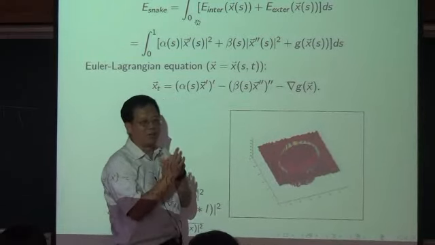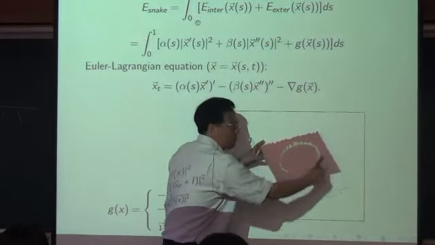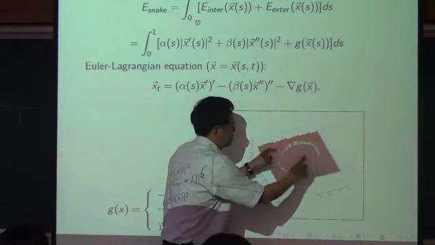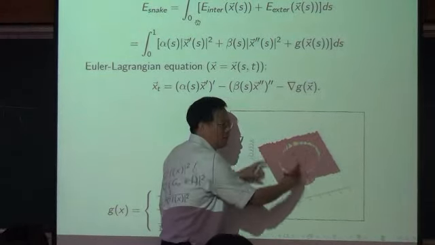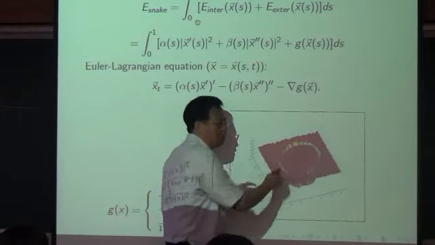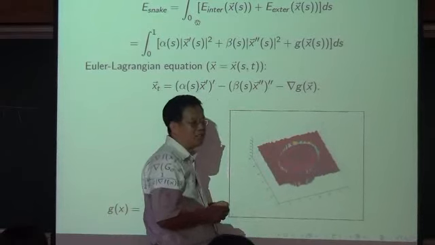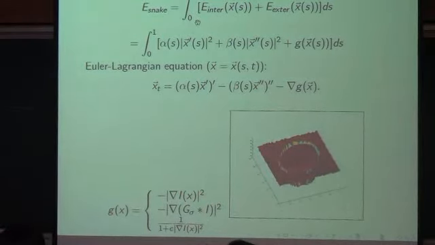So the empty curve is a global minimizer. But assuming you start from a big curve surrounding this one, the curve shrinks, and when it gets to here, it cannot shrink anymore, because if you shrink further, the energy will increase. So this is the geodesic active contour model.